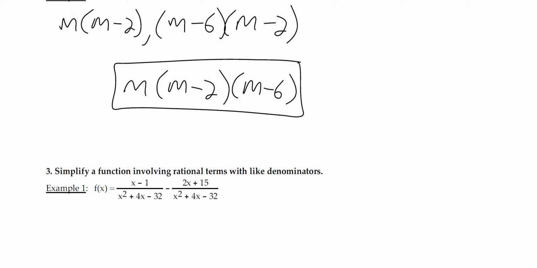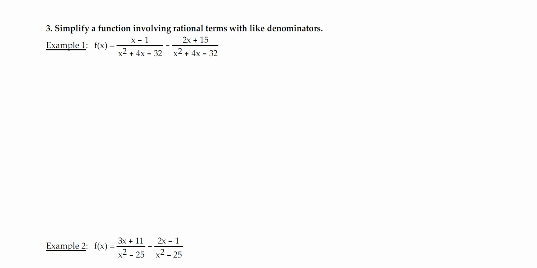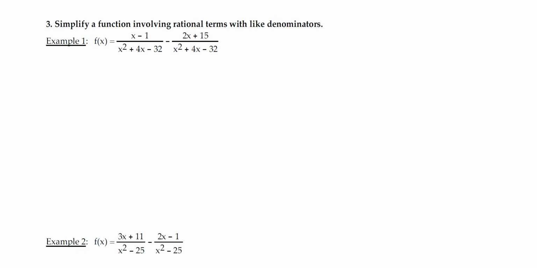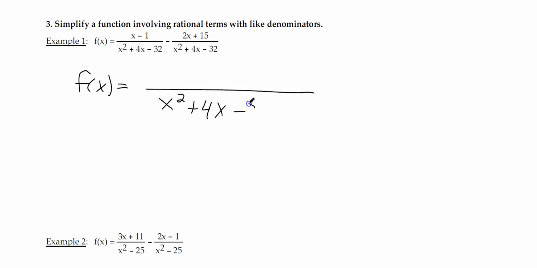All right, next objective. Simplify a function involving rational terms with like denominators. All right. So f of x equals like denominators. We can just copy down the like denominator. Oh, that should be a 2. So, all right. There we go.